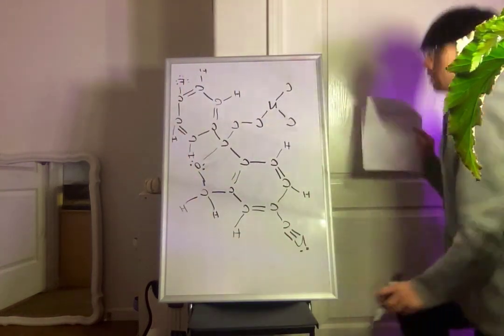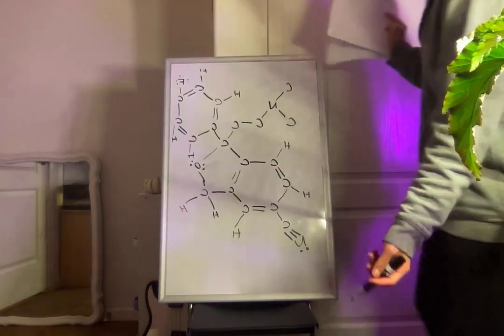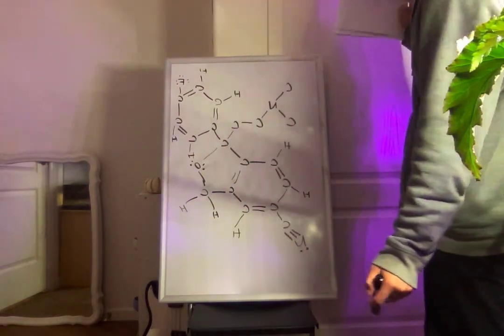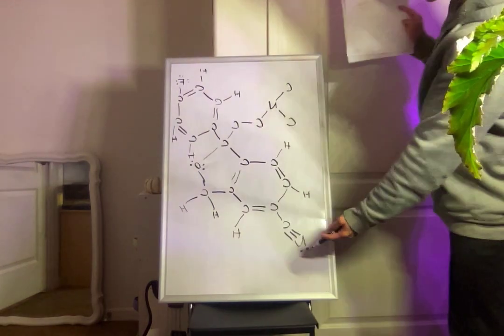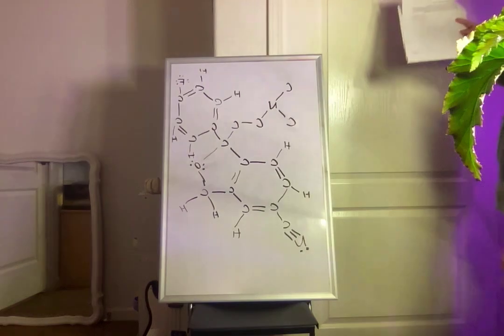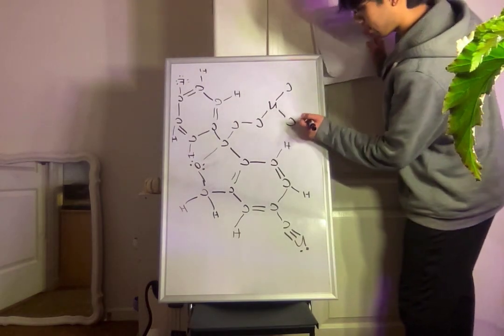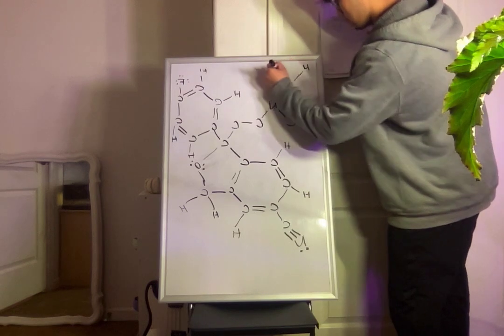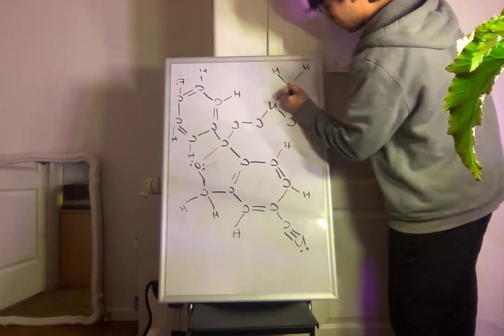All right. So, of course, like most molecules, it has a lot of carbons. Other than that, it's got 2 nitrogens, 1 fluorine, and 1 oxygen. And then let me finish by putting in all the hydrogens.